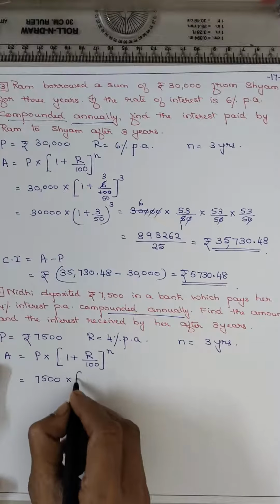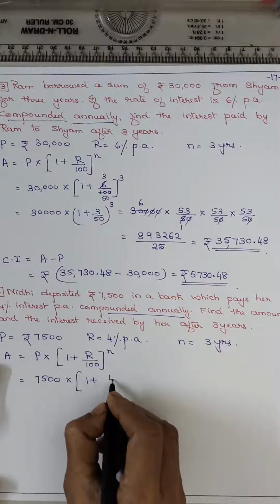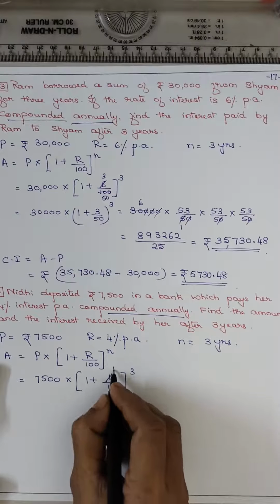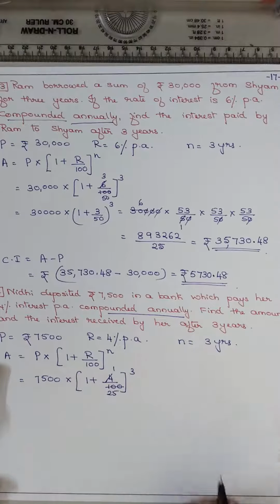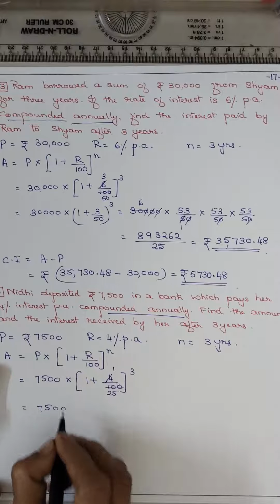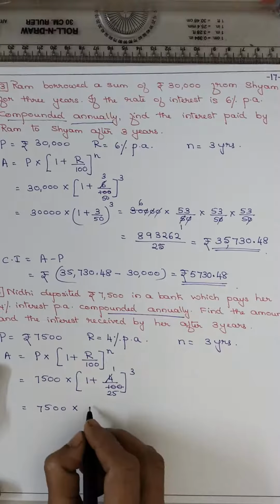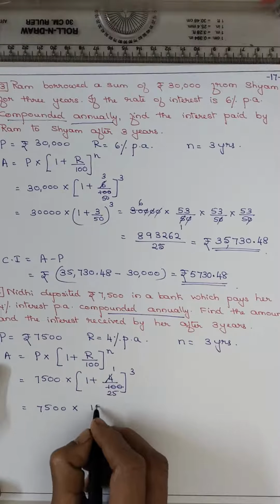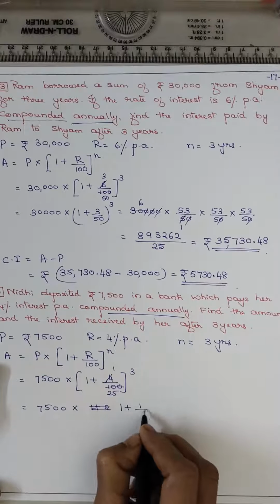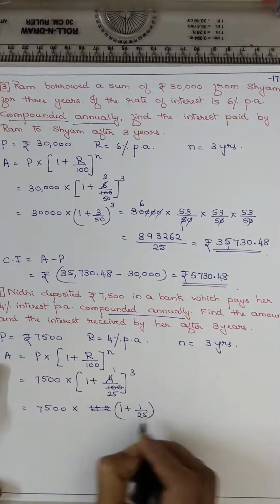7500 into 1 plus 4 upon 100 the whole raised to 3. 4 ones are 4, 25s are 100. So 7500 into 1 plus 1 upon 25 the whole raised to 3.